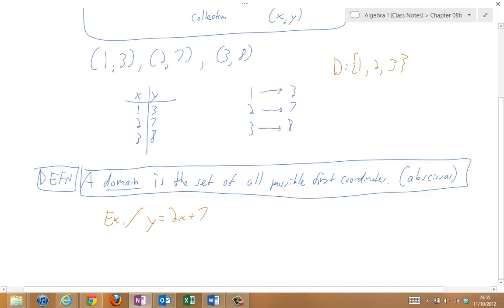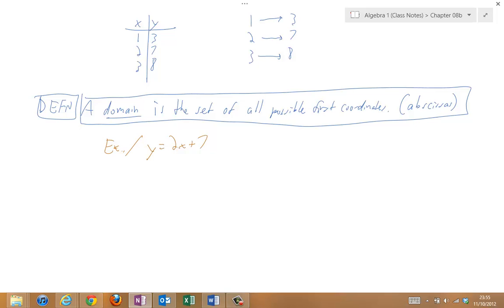If you think about a line, there's no restriction for what I could plug into x. I can plug any real number into x. X represents the domain, so that would mean my domain here is all real numbers.